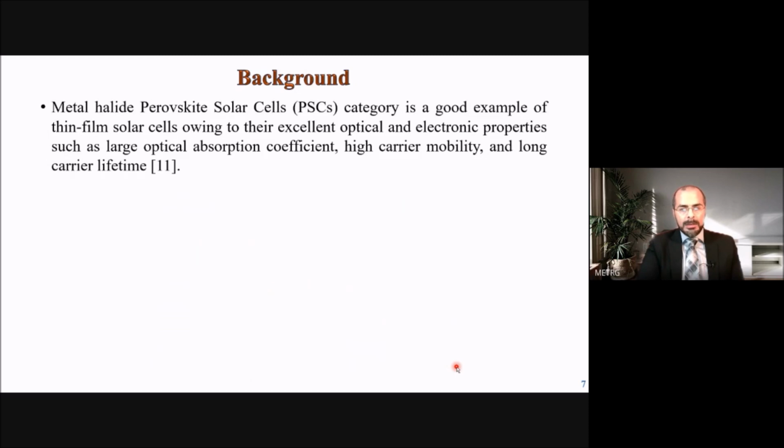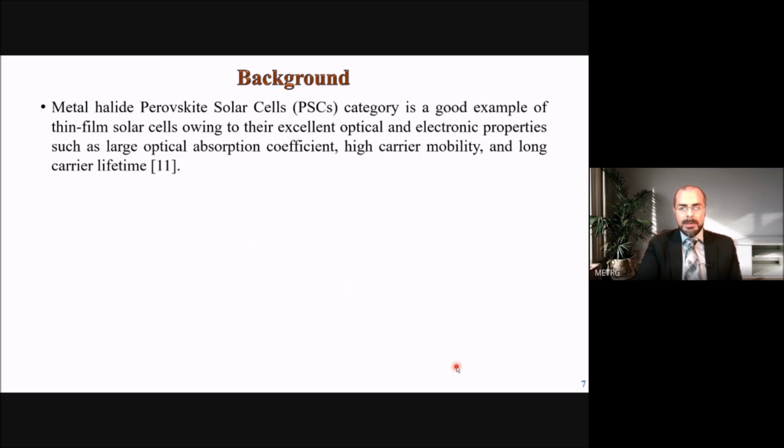As background, about the perovskite solar cells, we call them metal halide perovskite solar cells, or PSCs. It is a very good example of thin film technology for solar cells in general, because they have excellent optical and electronic properties, such as a large optical absorption coefficient, high carrier mobility, and long carrier lifetime.